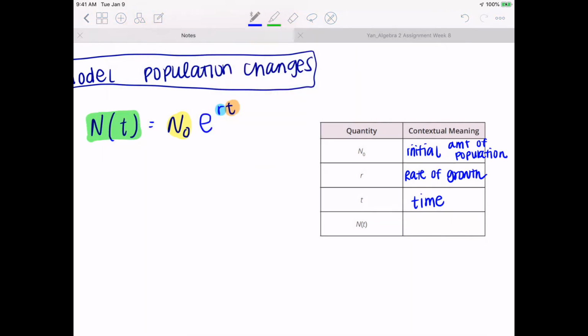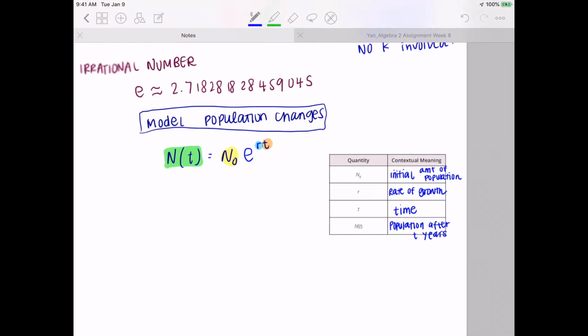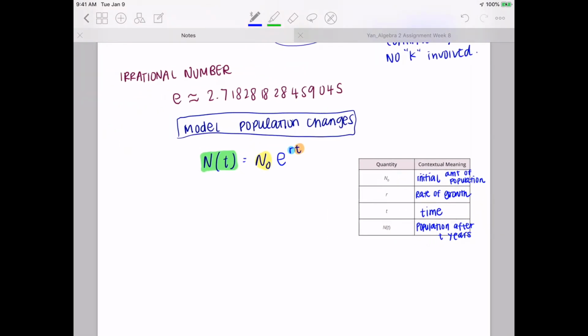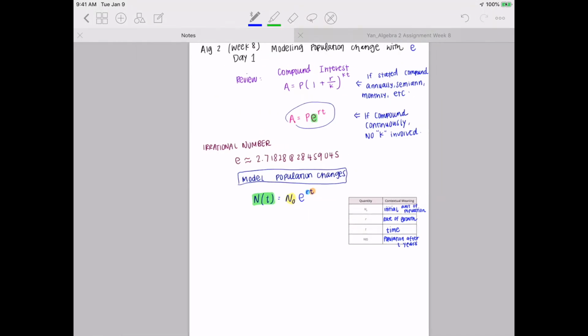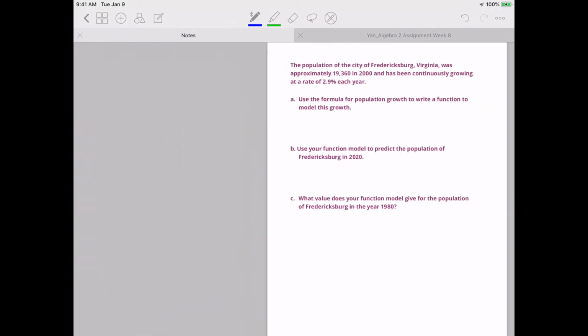N of t is your result, which is the population after t years. I'm going to use this formula and show you an example, and then show you a question from the homework as well.